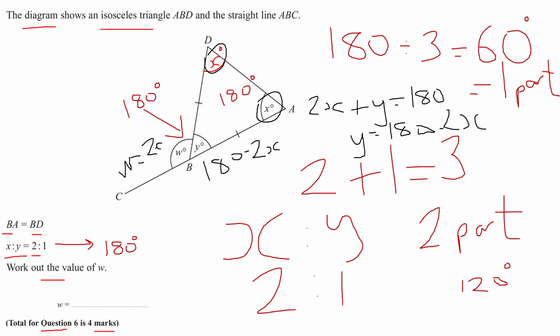Because angles on a straight line add to make 180, w plus y has to equal 180. And if y is 180 minus 2x, then to cancel the minus 2x, I've got to add 2x to keep it to 180.